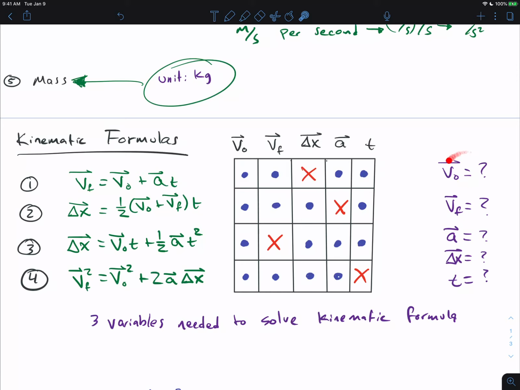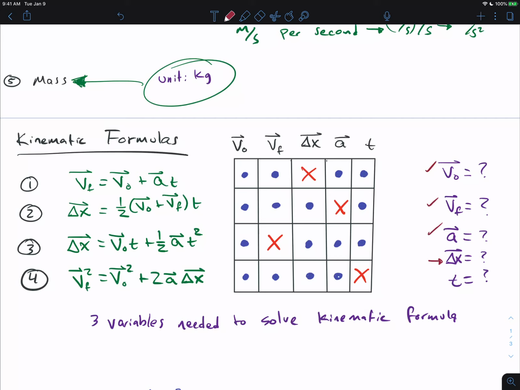Let's say I have initial velocity, final velocity, and acceleration. If I have these 3 things and I'm trying to find a 4th thing, let's say I'm trying to find displacement. So I know this, and this, and I'm trying to find displacement.